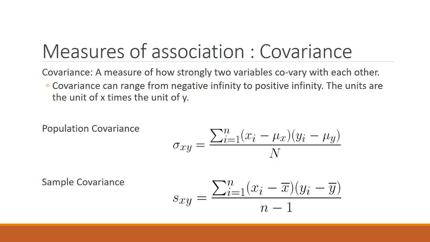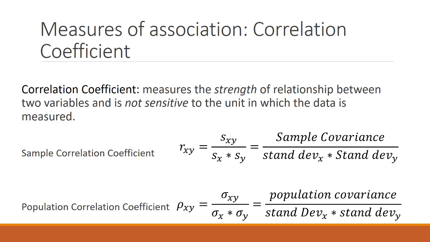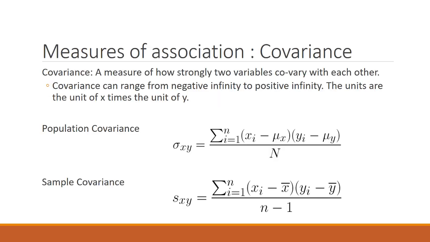Let's first look at covariance, which will be closely related, and then we'll go on to an actual measurement of correlation. So covariance, a measure of how strongly two variables covary with each other. Covariance can range from negative infinity to positive infinity, and the unit is the unit of x times the unit of y.